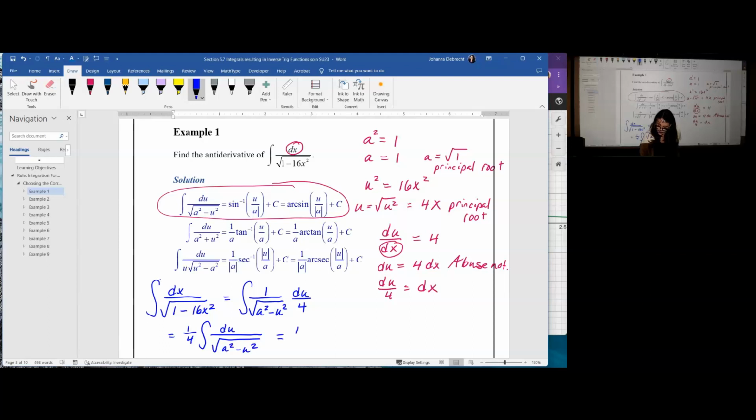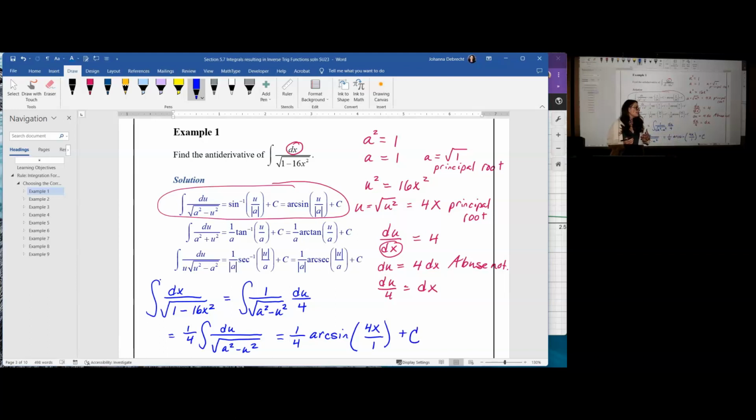Now that I have this, I get 1/4 times the arcsine, and in parentheses, I'm going to have u, which is the principal root, 4x, divided by the absolute value of a, which is 1, plus a constant.